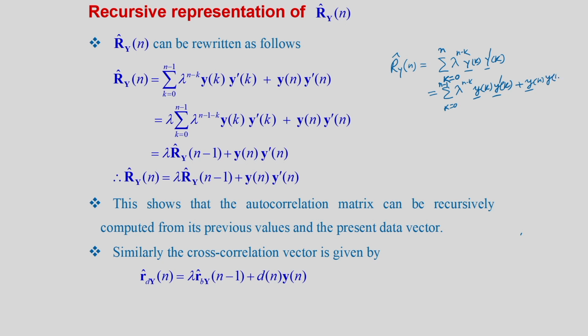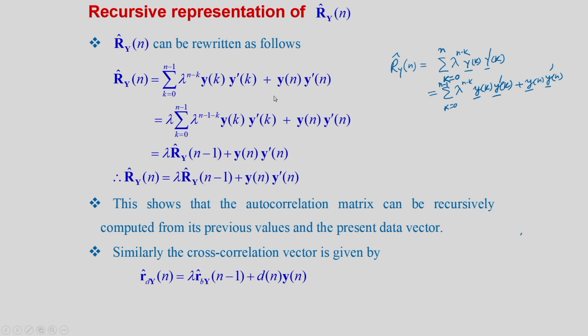into y n transpose. Therefore, R y hat n can be rewritten as this summation of lambda to the power n minus k into y k vector into y k transpose, k going from 0 to n minus 1, plus y n into y n transpose.